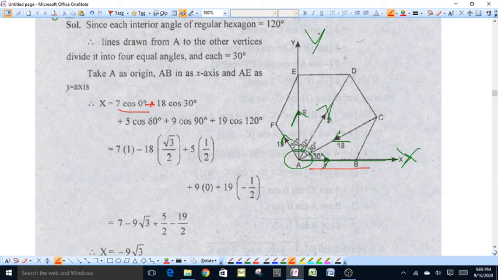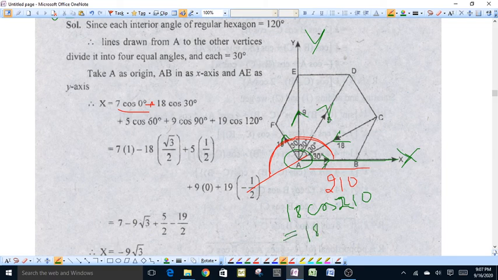Next, the 18 kilogram weight whose direction along CA makes an angle 210. The x component of this force will be 18 cos 210.